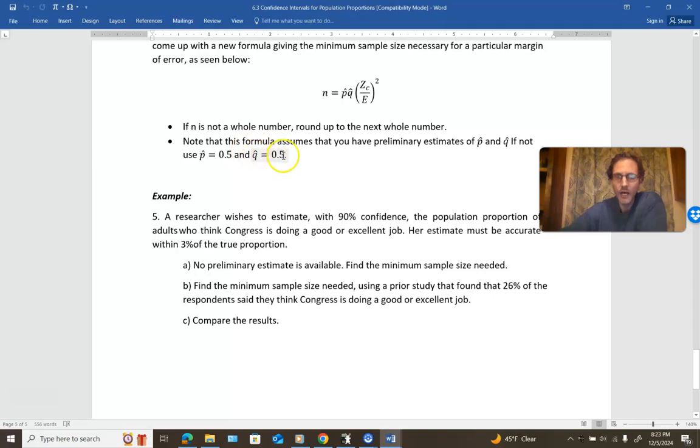Now remember, q hat is the proportion of individuals that don't correspond to p hat. It's sort of like successes and failures. We were talking about binomial distribution. So if 50% of people pay their bills online, then that means 50% of the other people do not. So anyway, this is the formula that we have to use to figure out that minimum sample size.